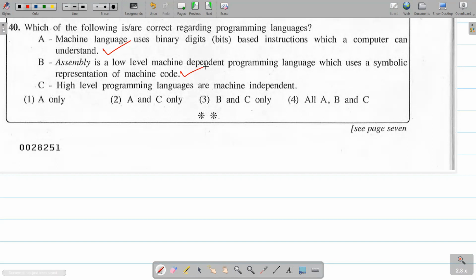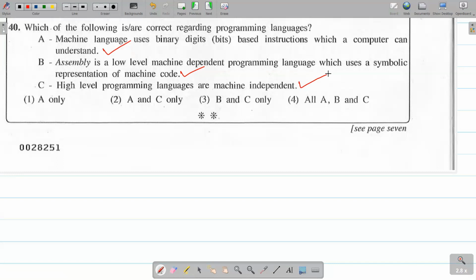Part C says high-level programming languages are machine independent. Yes, it is. Because when you write a program in a high-level language, you don't need any particular other installations to be done on another computer when you are using the same program.